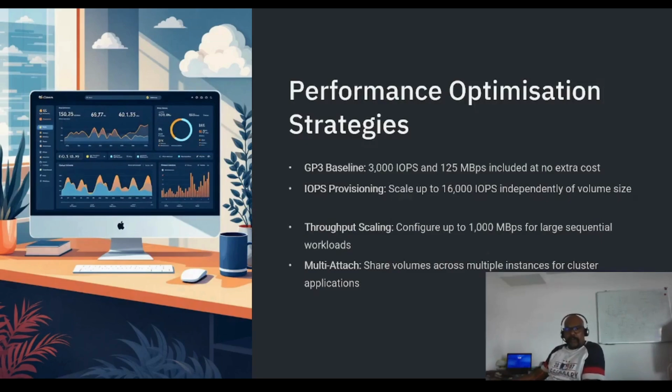If you look at the GP3 baseline, 3000 IOPS and 125 Mbps are provided with no extra cost. We can increase up to 16,000 IOPS. The same way we can increase throughput up to 1000 megabits per second.